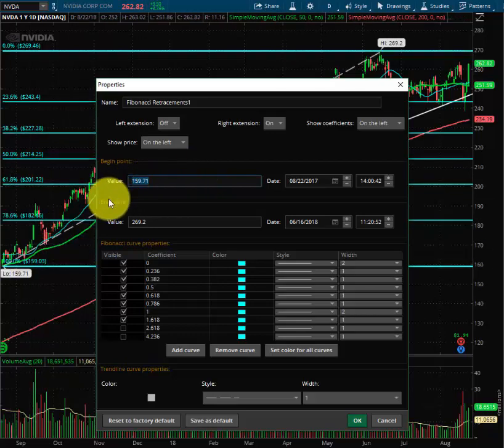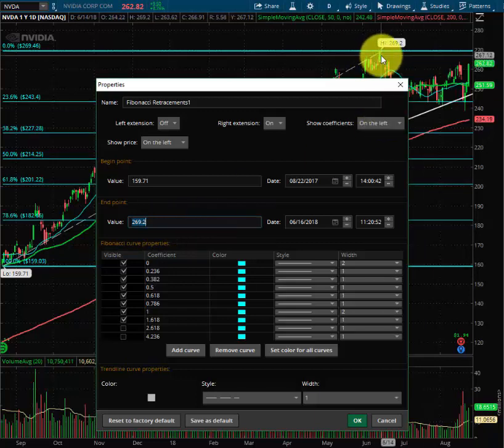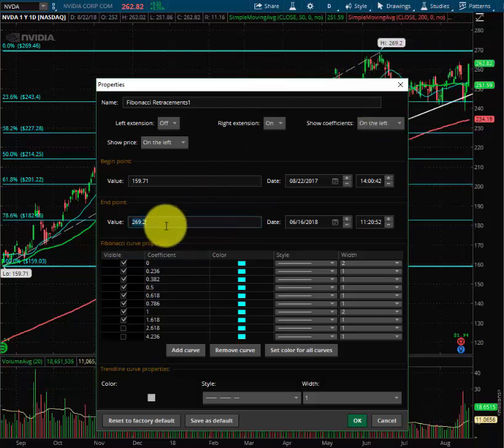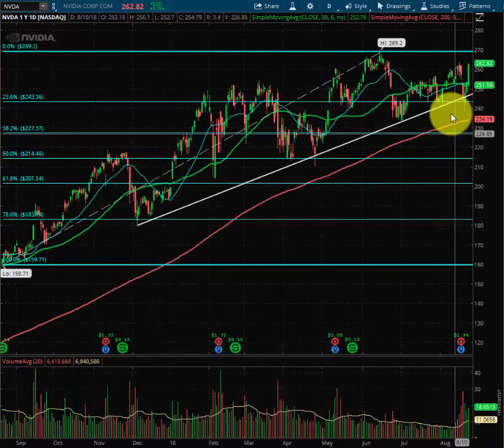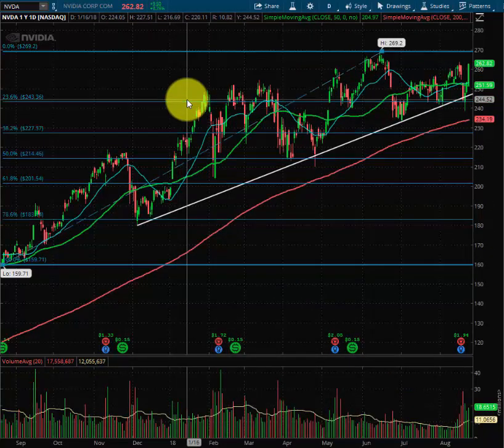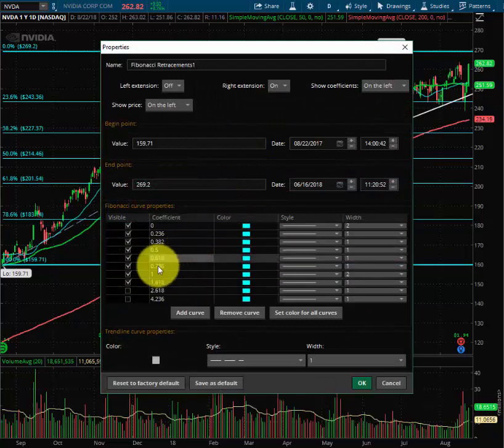Okay, so my low point is on the left. That's the 100% extension. That's where we clicked first. And the high point is on the right. That is the 0% extension. And that is 269.2. Okay. Notice I have a little bit of a quirky color to this. I color code my fibs because I use them on different time frames.